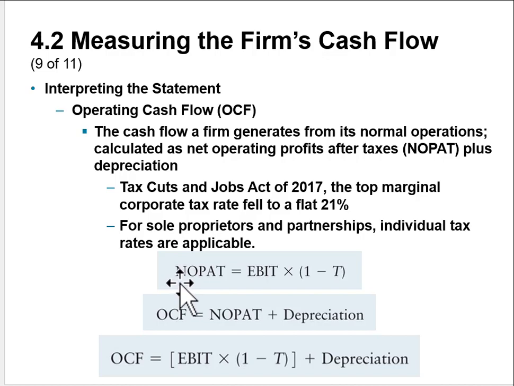So NOPAT, net operating profit after taxes, equals EBIT, earnings before interest and taxes, multiplied by 1 minus the tax rate. So the operating cash flow is NOPAT plus depreciation.